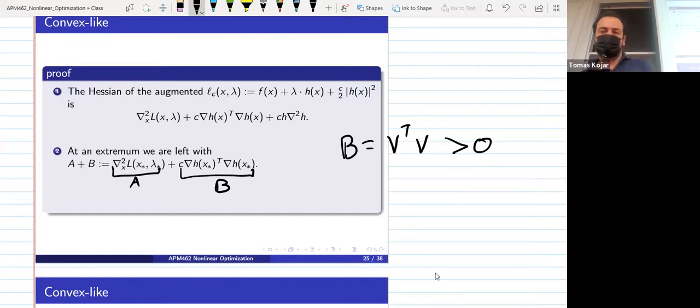So let's do it together. So we have x transpose B x. Oh wow, yeah, you can do it that way as well. That's right. Yeah, that's right.